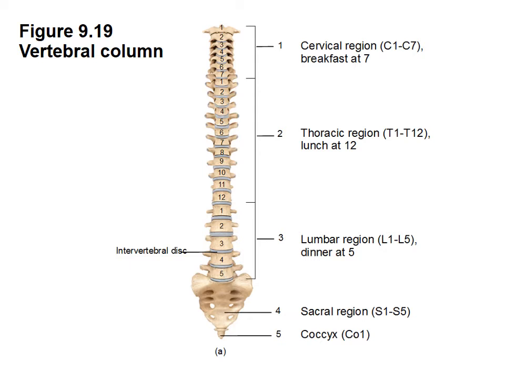So cervical region, you have 7 vertebrae through here, and 12 vertebrae down through here, and 5 vertebrae in the lumbar region. So breakfast at 7, lunch at 12, dinner at 5. Next slide.